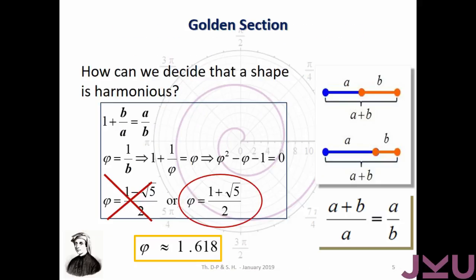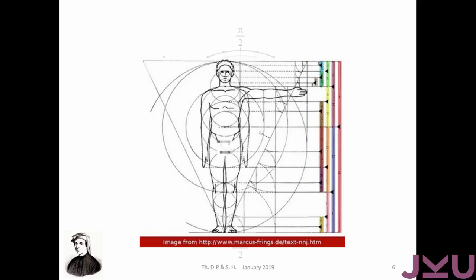And so this golden section appears also in various proportions in the human body. If you are looking at people who are supposed to be beautiful, you will see some kind of symmetry, but you will see that the ratio of this distance over this one is more or less the golden ratio.